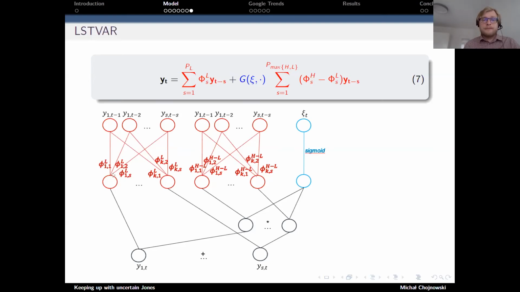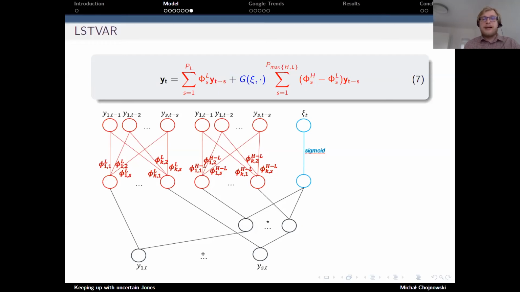So for each of the regimes, we calculate the values from those autoregressive parts.